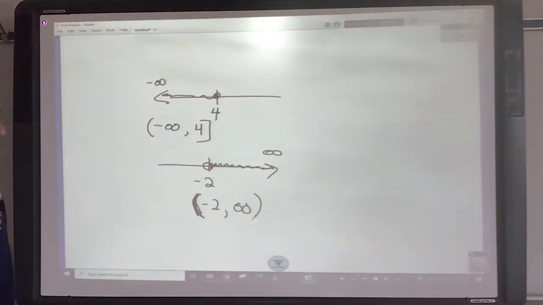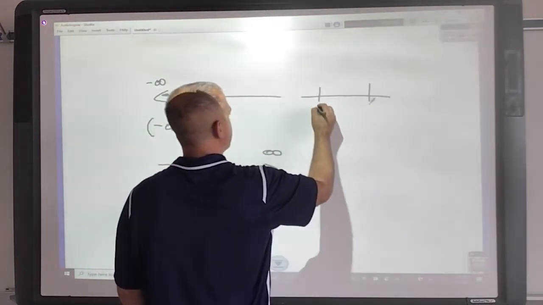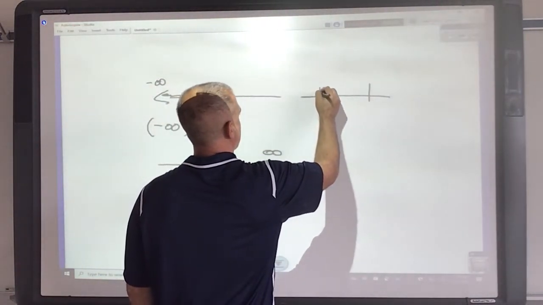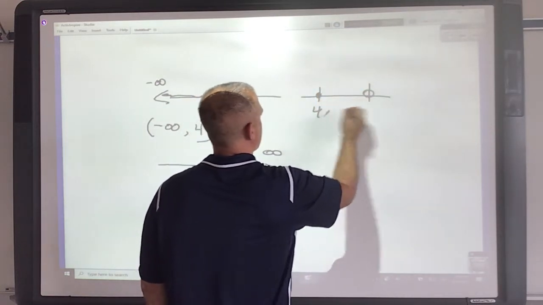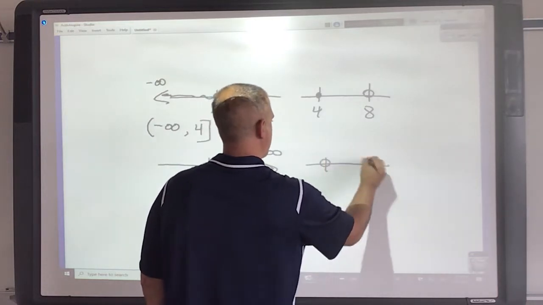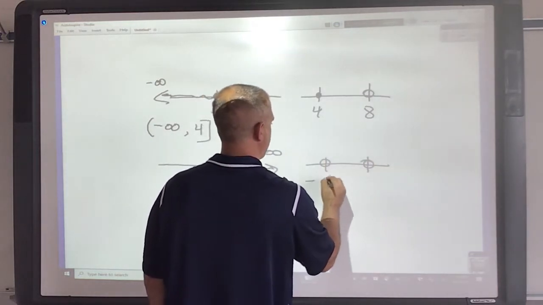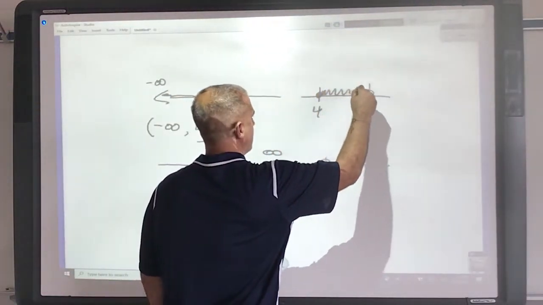Two more examples before I give you a couple to do. Let's say I had something like this: closed at 4 and open at 8. Let's say this other one was open, open, at negative 5 and 7, and let's say this was shaded here.